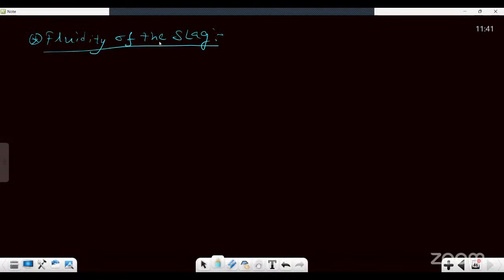Because if it is not fluid, then it cannot flow quickly through the coke bed and it cannot be drained out through the slag notch. So these kinds of problems we will face. So fluidity of the slag is very important. The slag must be sufficiently fluid. If the slag is viscous, a lot of problems will be there.